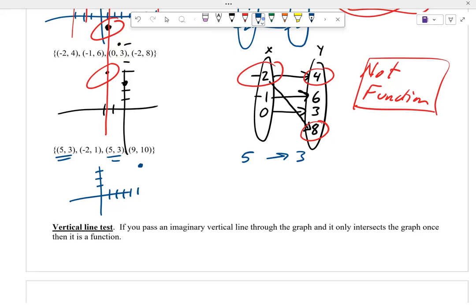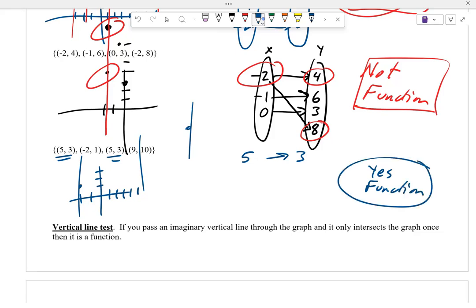I know it's listed twice, but that is not a problem. And then 9, 10. See how I pass? I pass. Yes, it's the same dot, but it doesn't matter. It's the same dot, right? It's still one input, one output. So in all actuality, even though it's the same point, yes, this is a function.